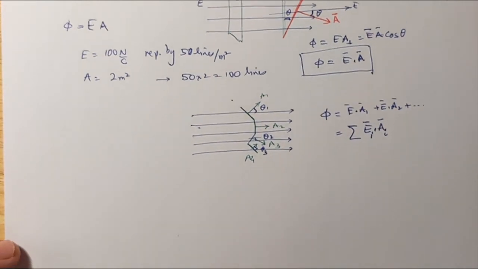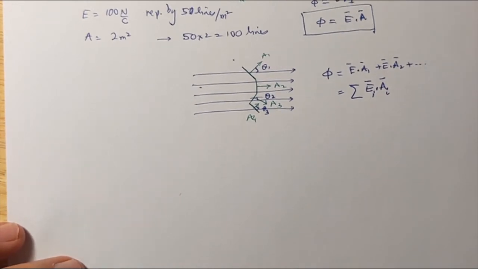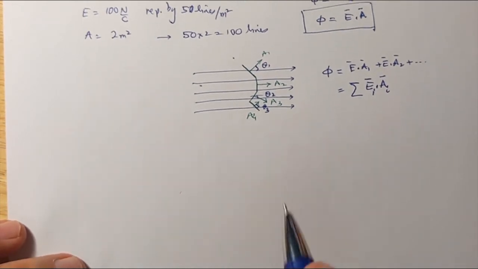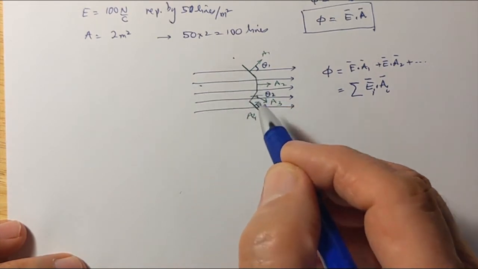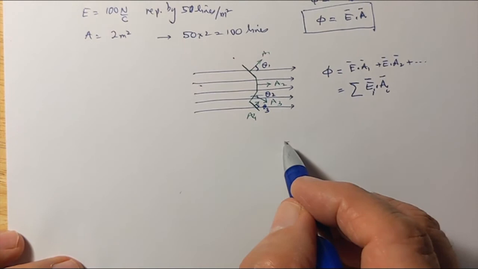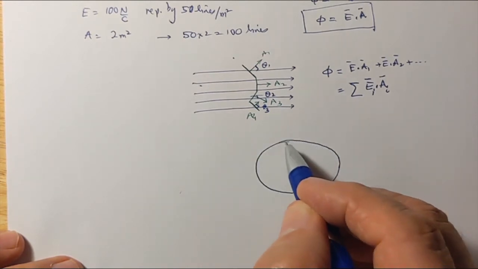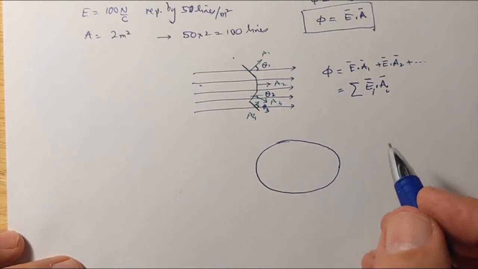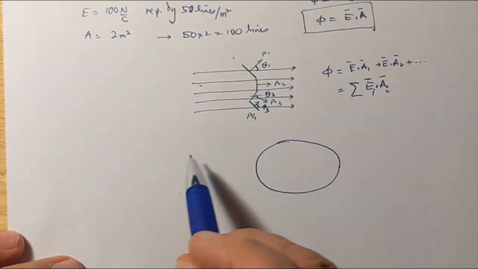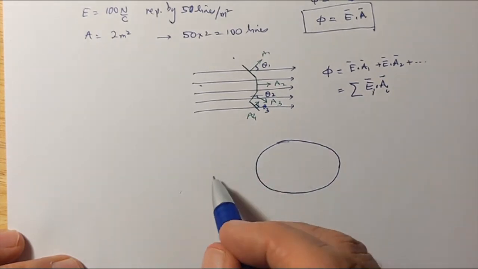Now let's come to a slightly more complicated case where we have a surface that's more or less a closed surface. So let's suppose we have a region of space that is like a balloon, for example, and let's have a non-uniform electric field.